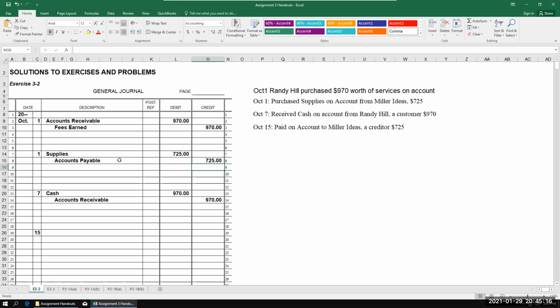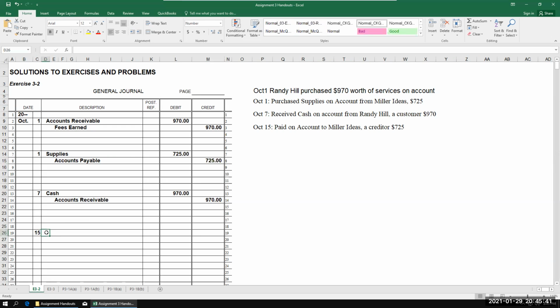But now what happens on the 15th is us paying off that account. So in this case, we're going to record the fact that our cash is going out and that our debt is going down. Because again, we have that record of debt with our credit on accounts payable from the first. Now we want to wipe that debt away because we've just paid it off.